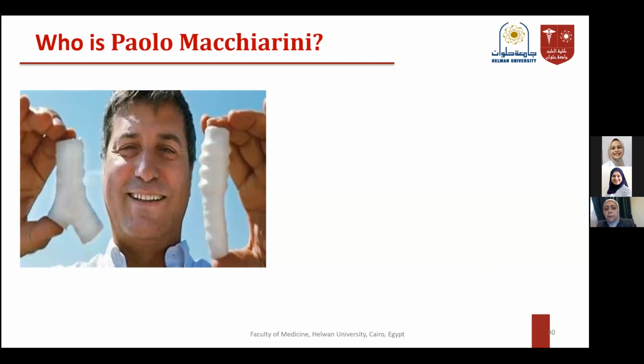And he underwent tracheal transplantation. He used plastinated and cadaveric prosthesis, okay? He used two types of prosthesis. He had research that was published in the Lancet.